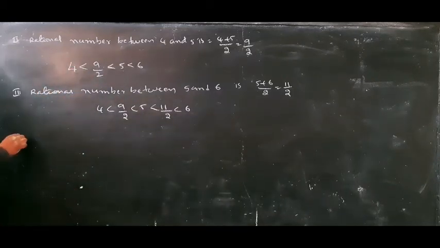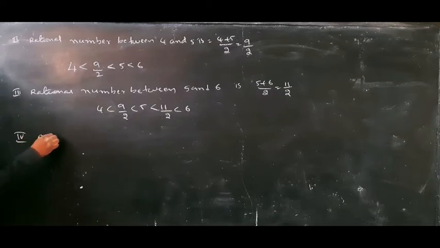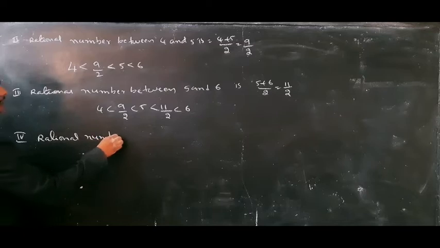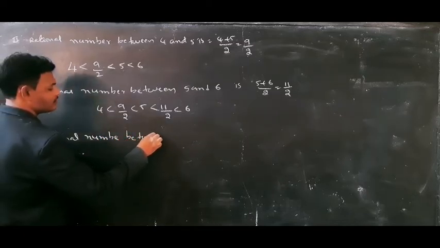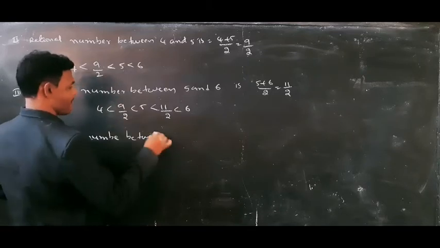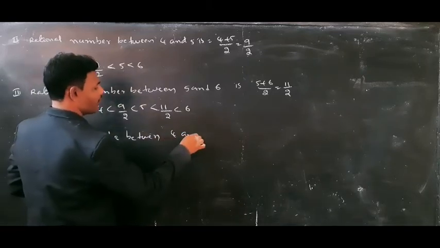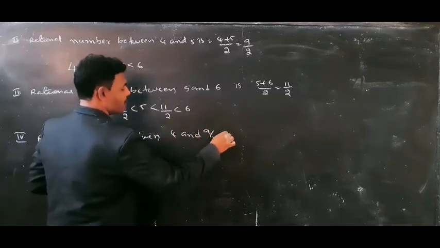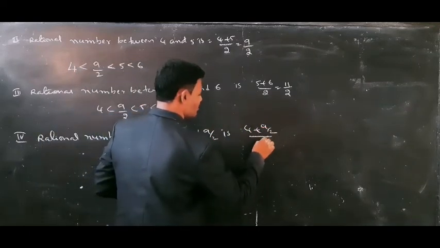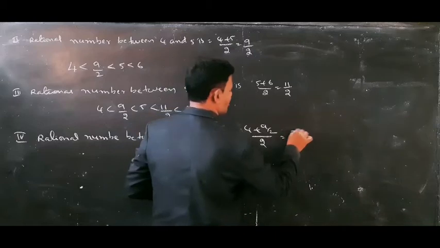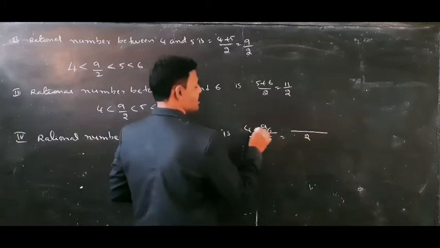Then after, the fourth rational number. A rational number between 4 and 9 by 2 is (4 plus 9 by 2) by 2. What is the LCM? 2 is the LCM.